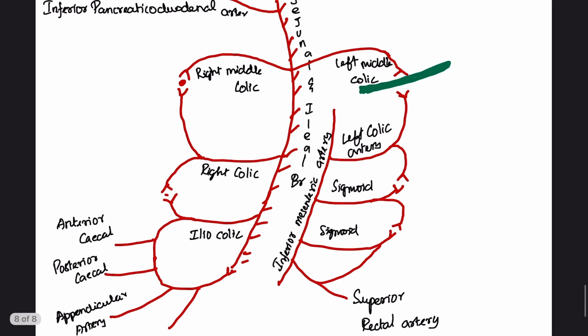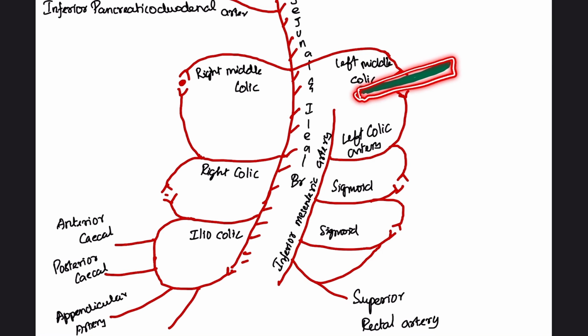And let's see about the inferior mesenteric artery. The inferior mesenteric artery has four branches: left colic artery, 2 to 3 sigmoid branches, and then superior rectal artery. The left colic artery anastomoses with the left middle colic artery from the superior mesenteric artery.